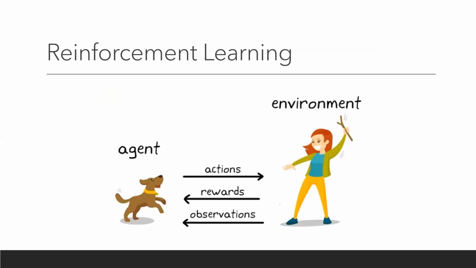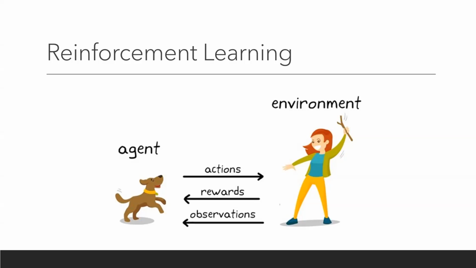Let's say we want to train a dog, not a particular machine. We throw the stick, and the dog learns when we try to pet them. We perform some action to train the dog.